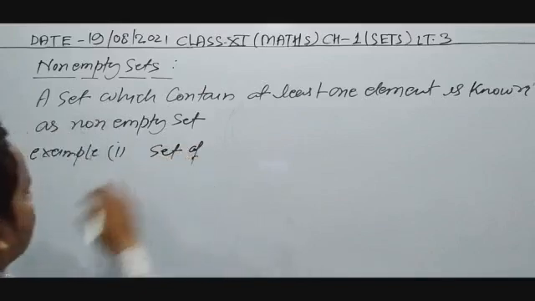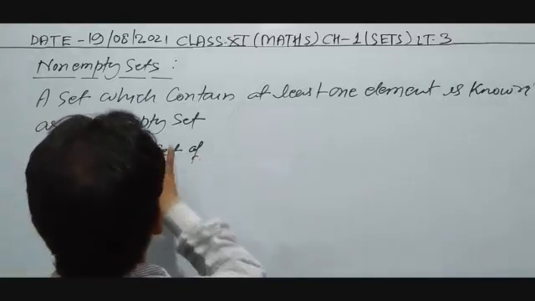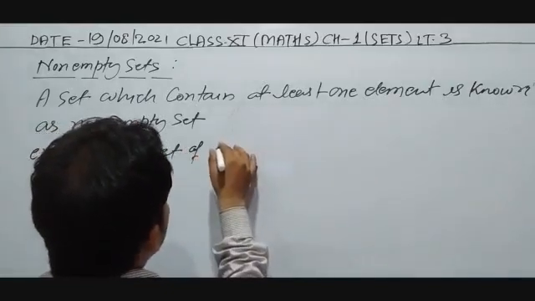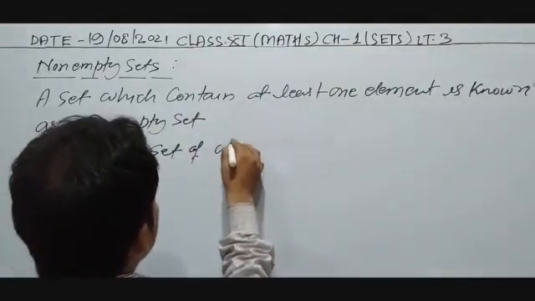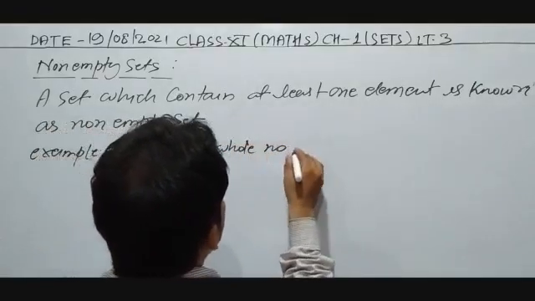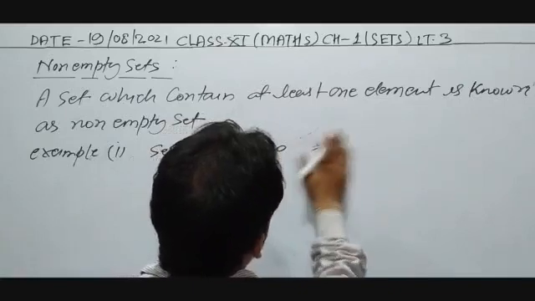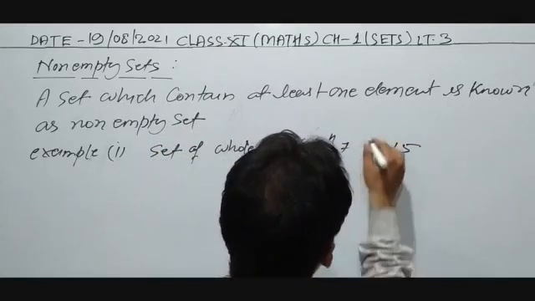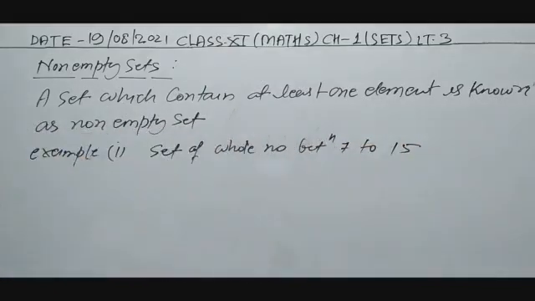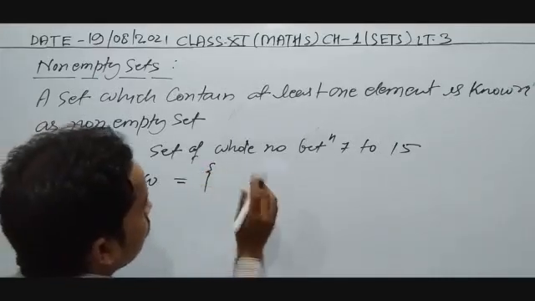Suppose the set of whole numbers lying between 7 to 15.